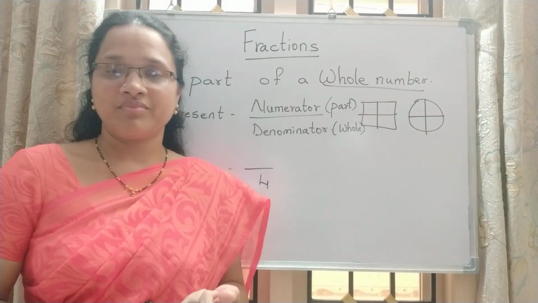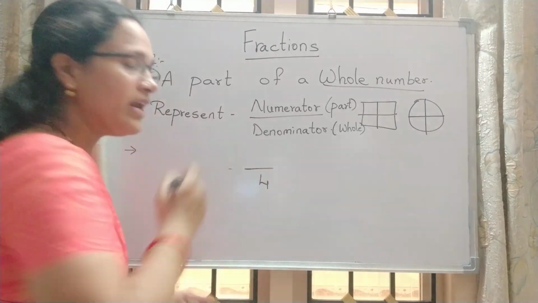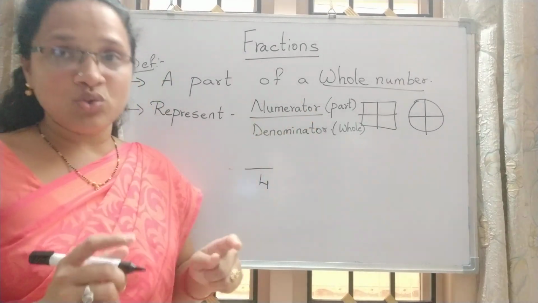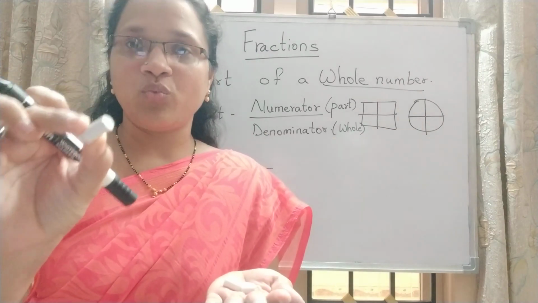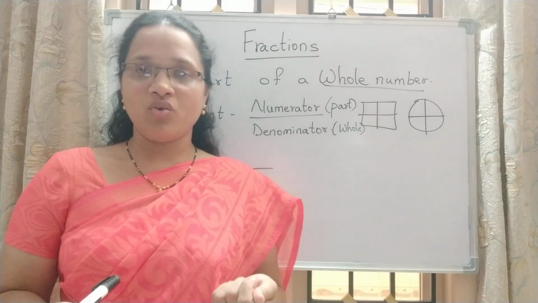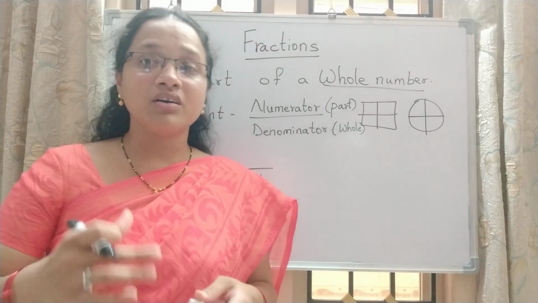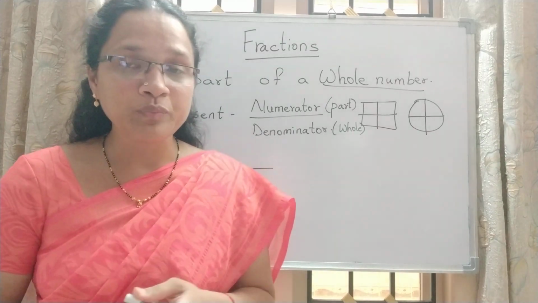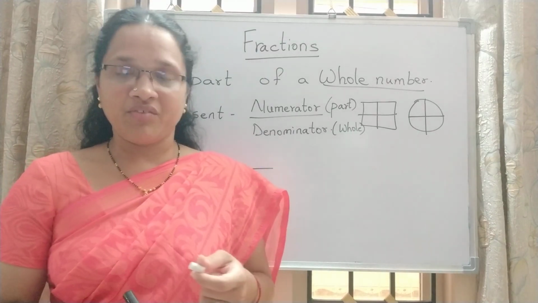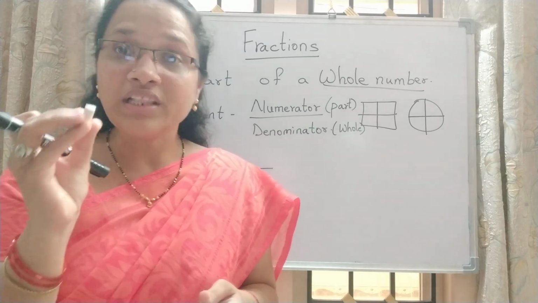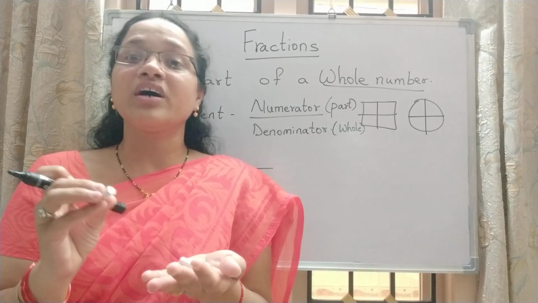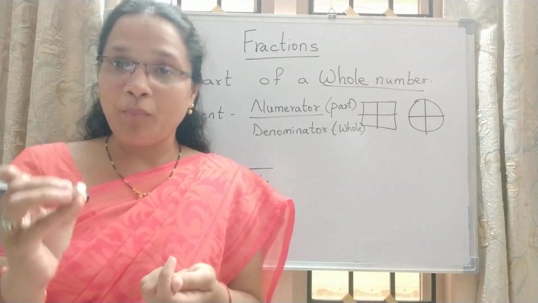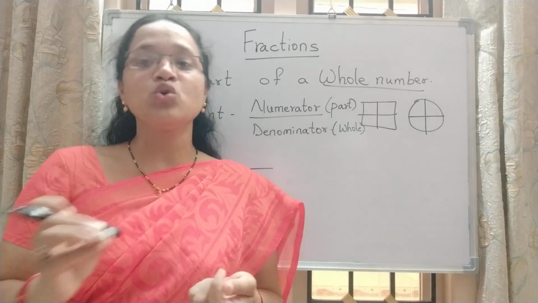And the numerator tells you a part. Suppose I have given you one piece of the chalk. What part of the chalk have I given you? One part. How can you tell this is one part? Because they are all equal. That is the reason we are able to segregate them properly and tell how many parts are being used.